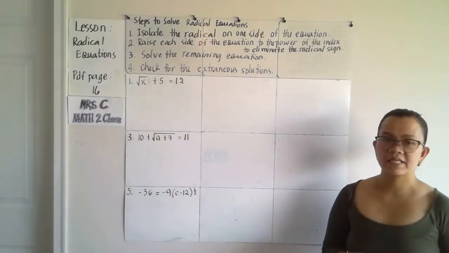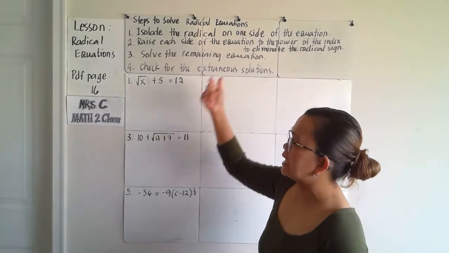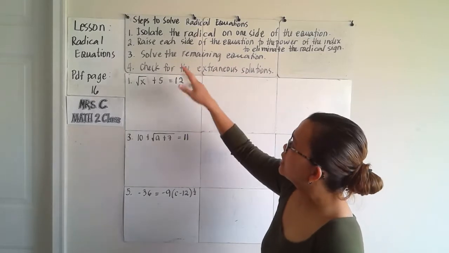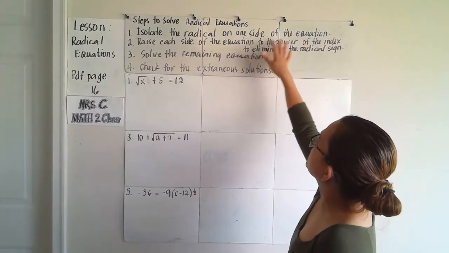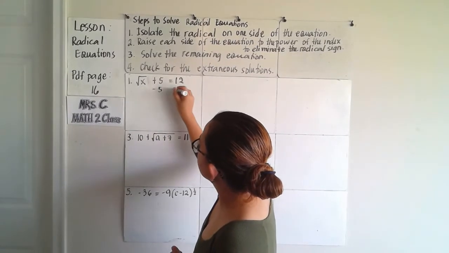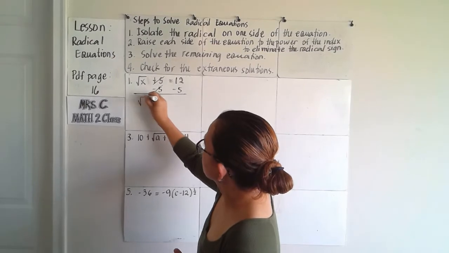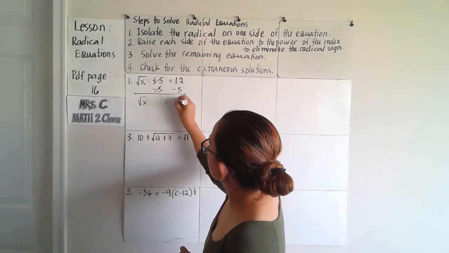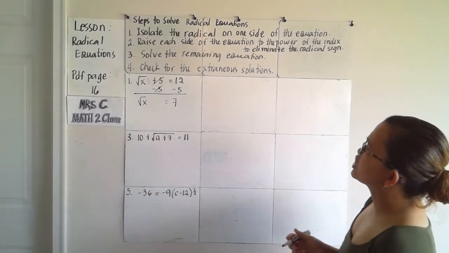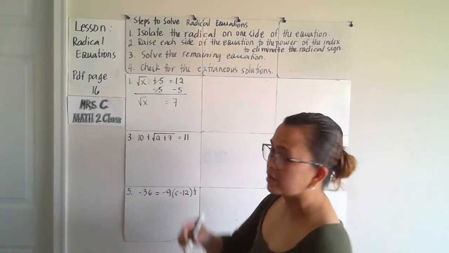Number one says square root of x plus 5 equals 12. As I said, we have the steps here, so we can just follow them. Isolate the radical on one side of the equation, so I need to eliminate 5 here, and that will be 7. Then raise each side of the equation to the power of the index to eliminate the radical sign.